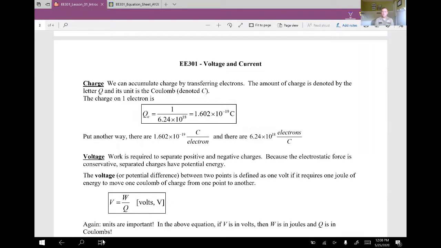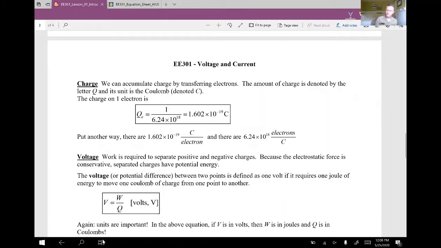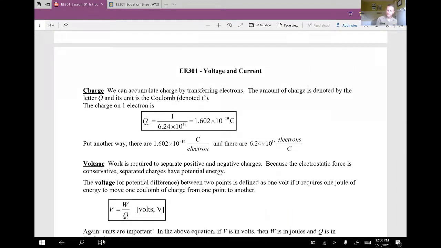So in electrical engineering, or in electricity, we're talking about the movement of charge. And if you think back to physics and we think about positive and negative charges repelling each other, at the end of the day, what we're doing in this class is we're moving these negative charges, or electrons. So we're transferring electrons. And now the charge on one electron is very, very tiny, times 10 to the negative 19th.